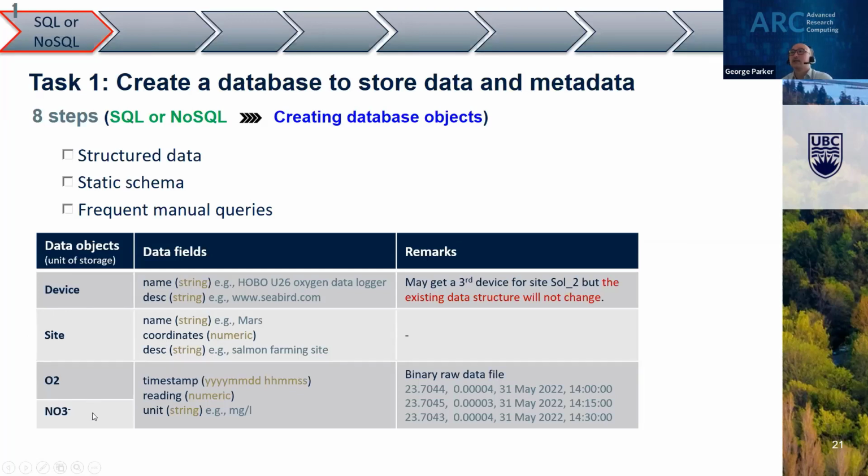Oxygen and the nitrate objects can be used to store concentration and the timestamp when the concentration was taken, and also unit of measure. Each object can have their own data fields and the data type.